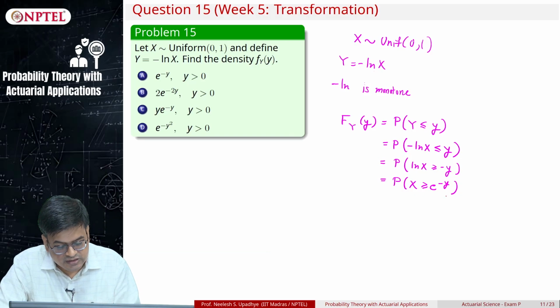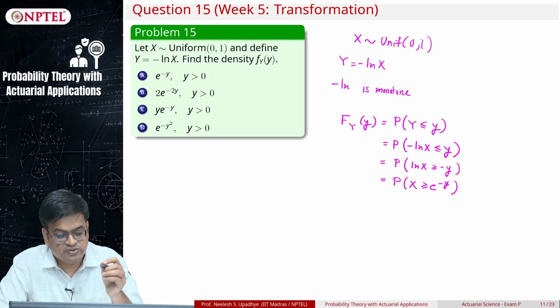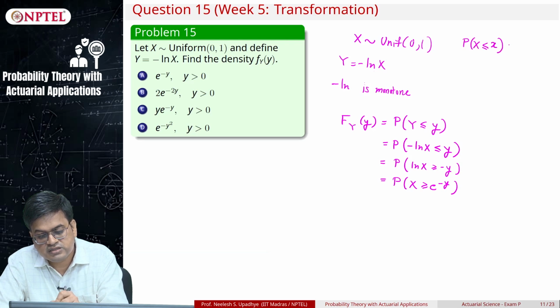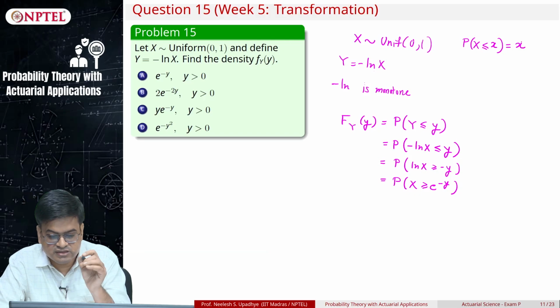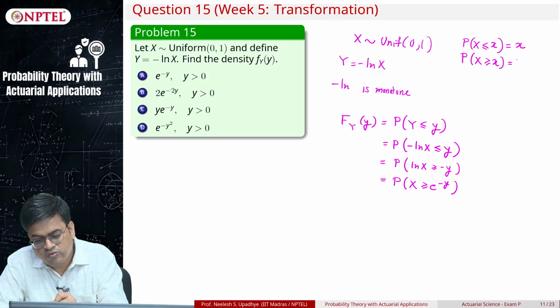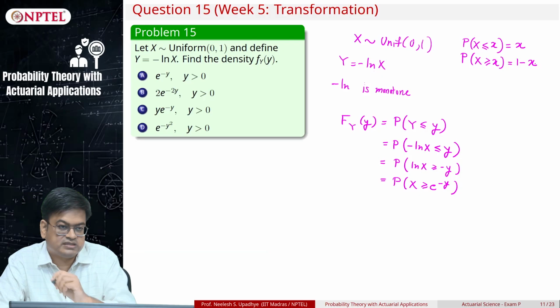Then what is probability of X greater than or equal to e raised to minus y? Because X is a uniform random variable, probability of capital X less than or equal to x is equal to x. So, essentially probability of X greater than or equal to x will be 1 minus x.